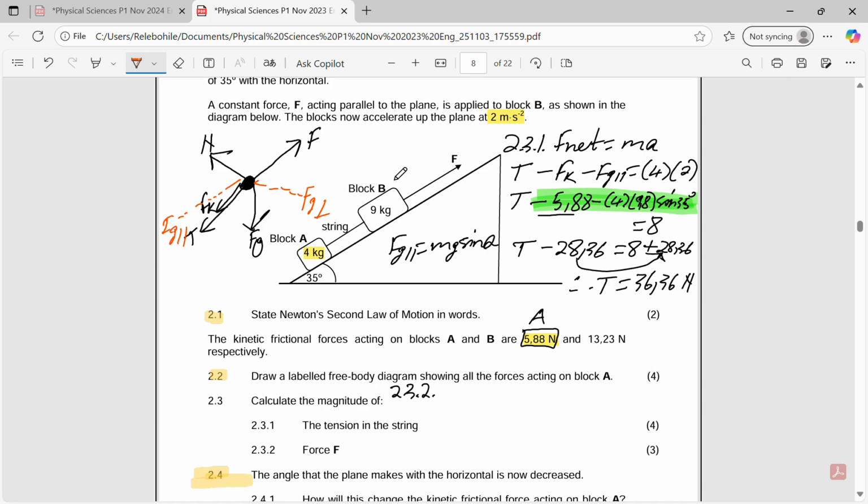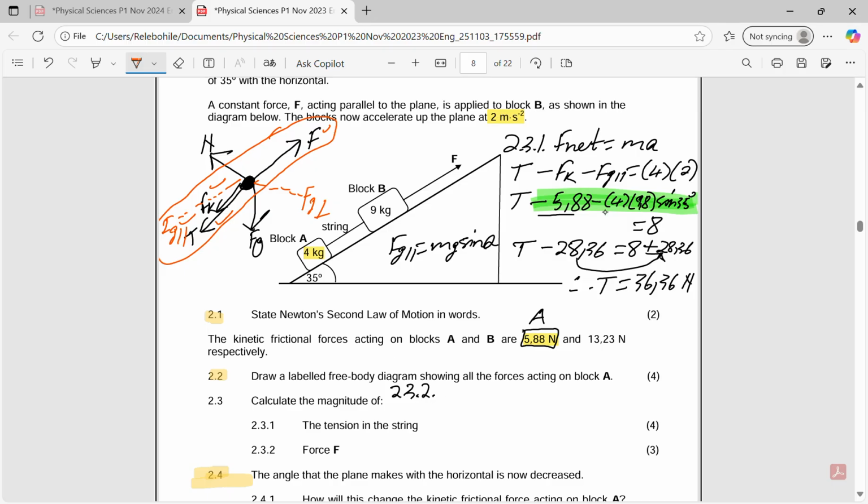The same thing we did with the other block A. So here the forces we are focusing on again are these ones here. And how many forces do we have here? We have 1, 2, 3, and 4. So in this case, for the 9 kg block, which is block B, we have 4 forces that are making this object move in either direction.